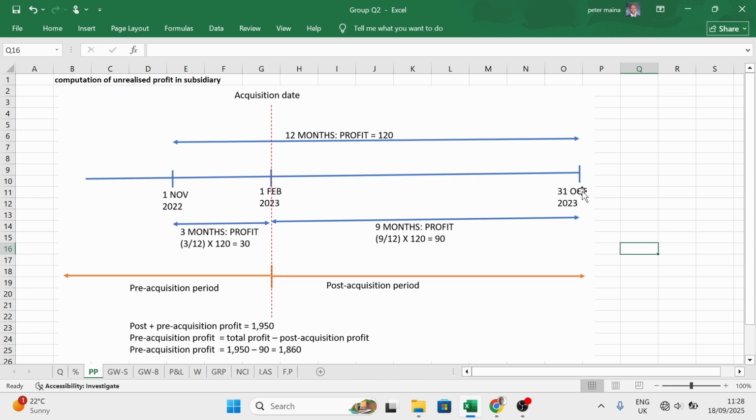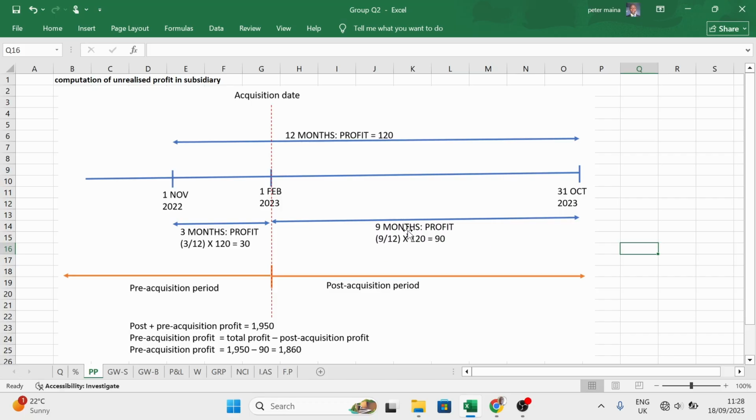The year is ending on 31st October 2023. The period between 1st November, when the year began, to the time when the subsidiary was acquired, is 3 months. The period between when the subsidiary was acquired to the end of the current financial year is 9 months.